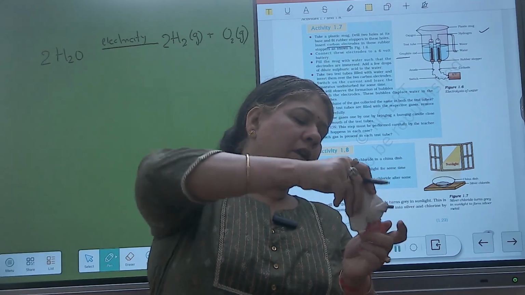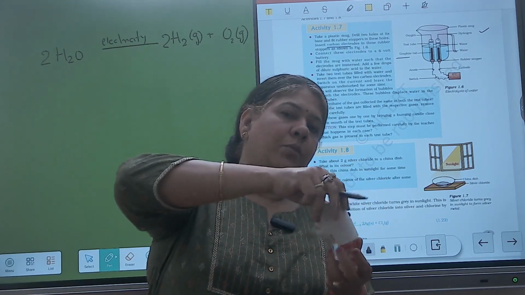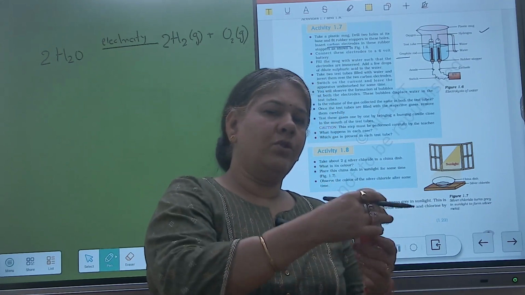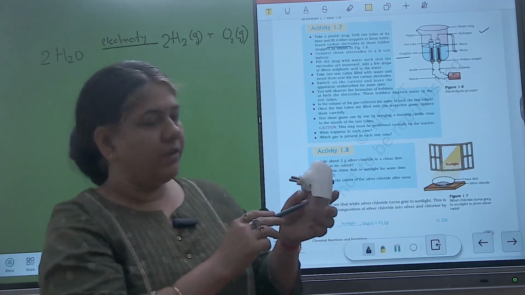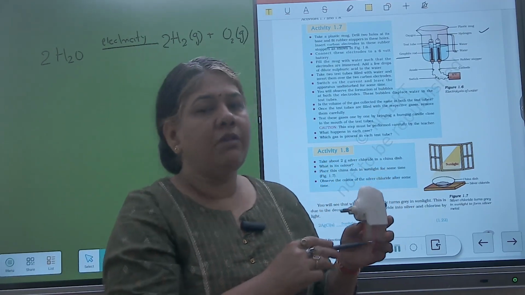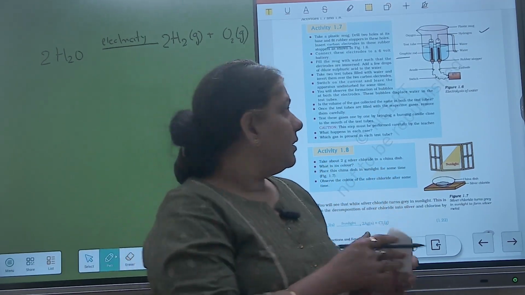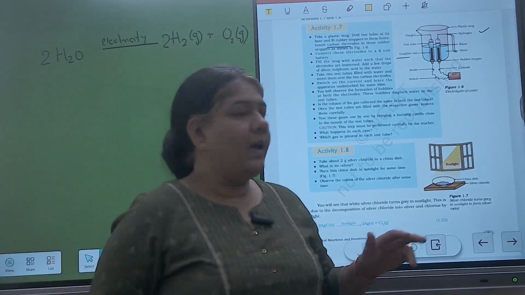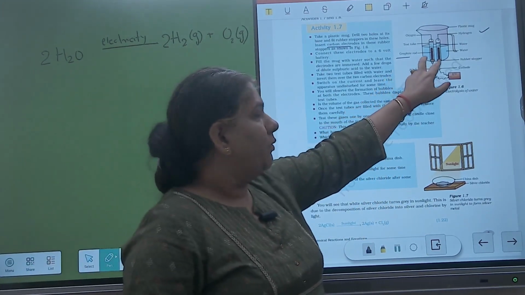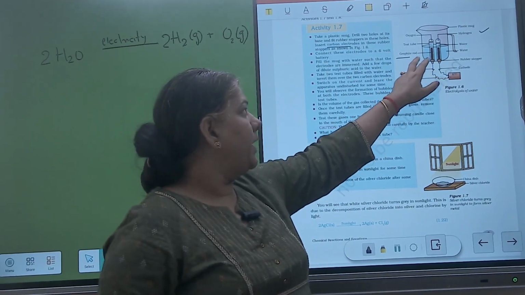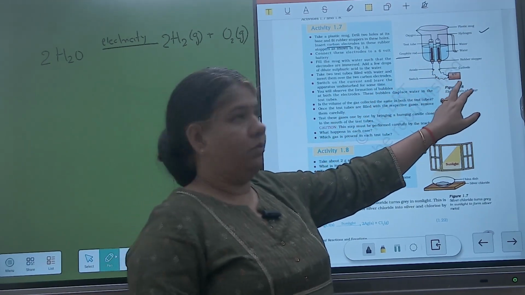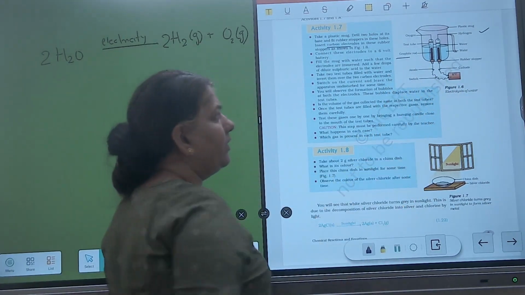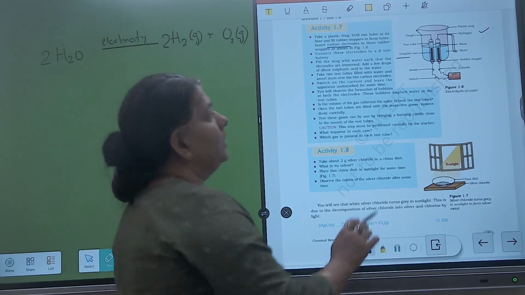So this chemical evaporates, it is not decomposing here. Amount of electricity is so small that it is just giving enough heat to evaporate the liquid. Depending upon how much electricity you are supplying, it will further break down the water molecule. So these electrodes will conduct electricity to water.